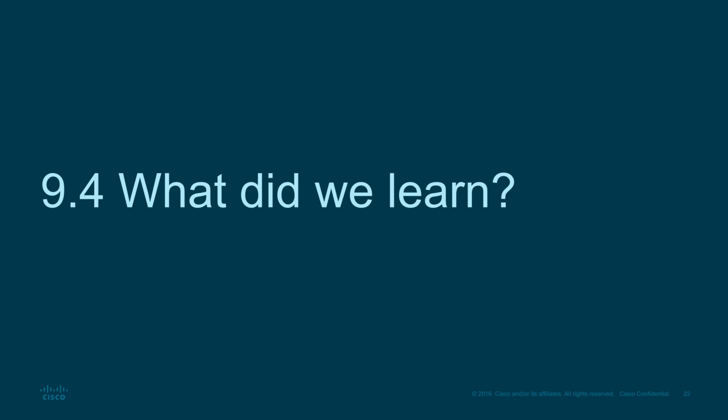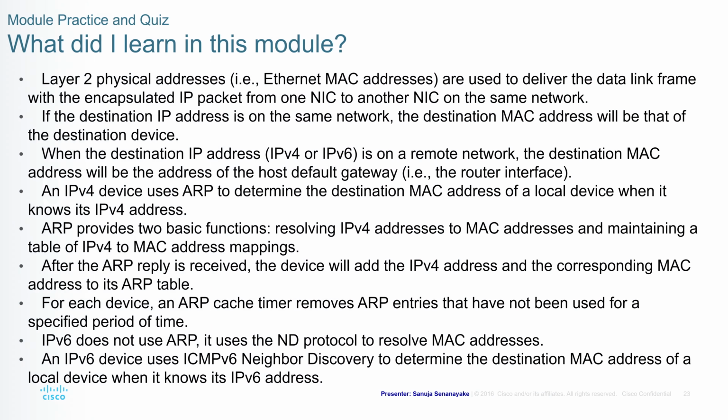And this is the end of this lecture, and I will quickly go over what we learned. We learned that layer 2 physical addresses such as Ethernet MAC addresses are used to deliver the data link frame with the encapsulated IP packet from one network card to the next network card. However, these physical addresses are used to communicate between network cards on the same network.